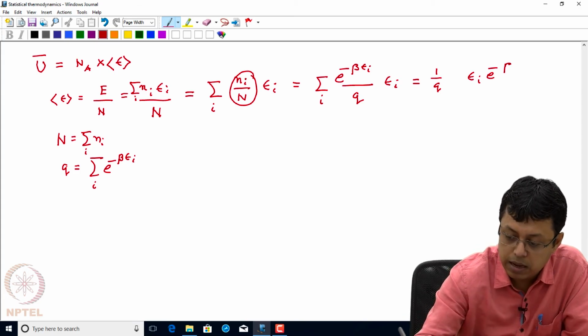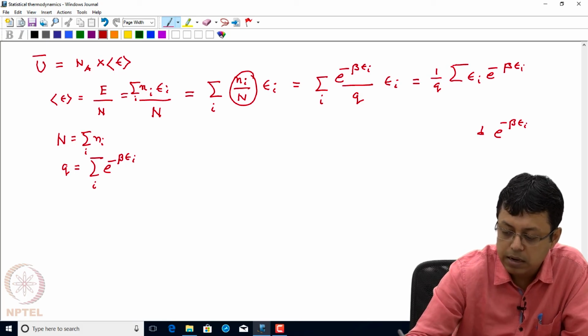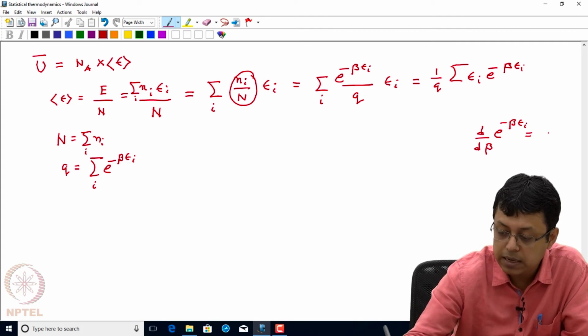But then you look at this equation. If I take e to the power minus beta epsilon i and take the derivative with respect to, say, beta, then what I'll get is minus epsilon i e to the power minus beta epsilon i.